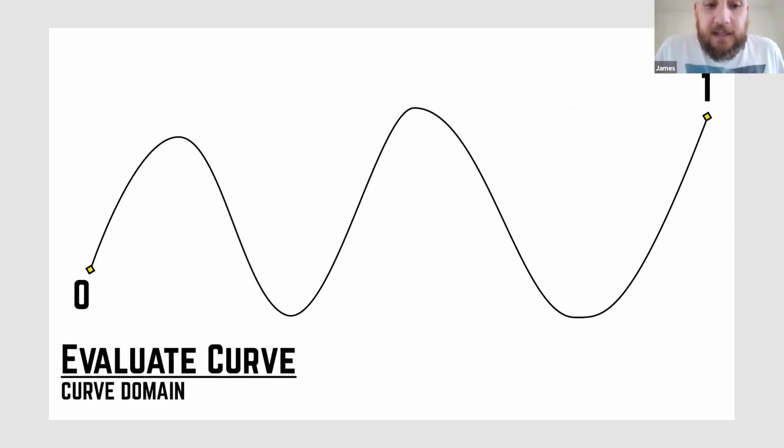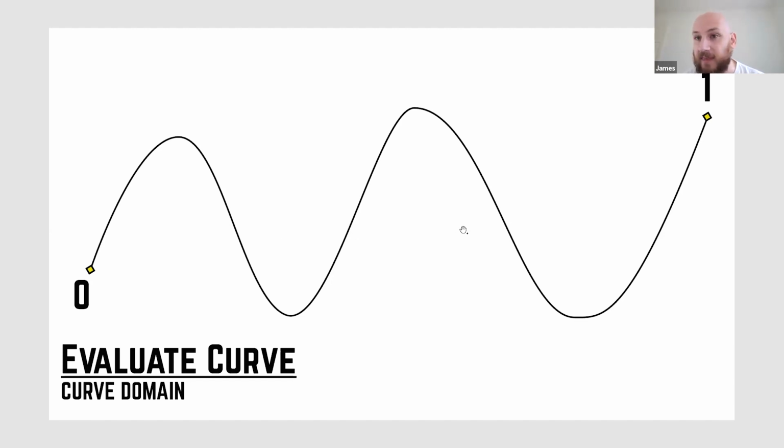Evaluate curve is something we're going to come across this week, and that's a command to see a point inside of a curve. Every curve has a domain. The default would be 0 and 1. So if I evaluate the curve at 0.5, that would be the midpoint. I can put 0.25 or 0.75, and that will be a quarter of the way or three quarters of the way in.